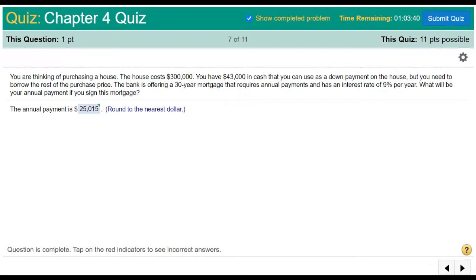It can't be 2,000. How can it be $2,000 for the annual payment? It can't be 75. I saw another answer, $3,000. It can't be. Impossible. Logically, it's impossible.